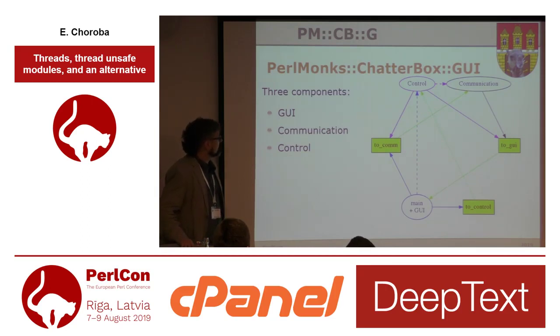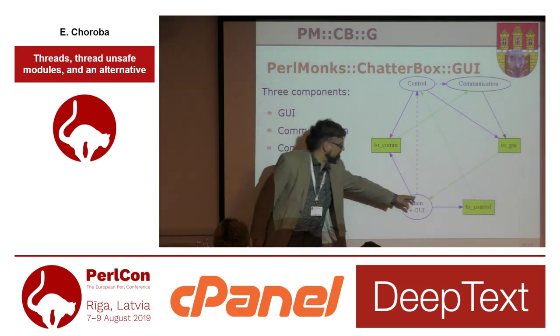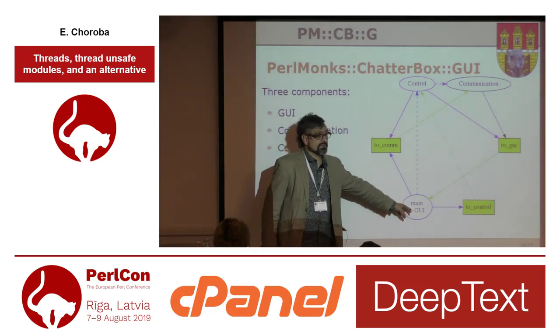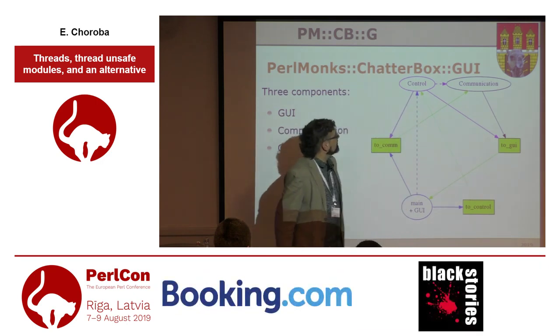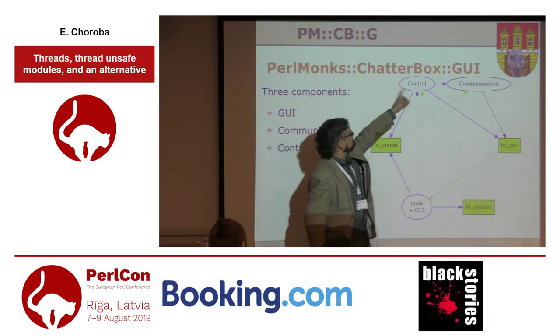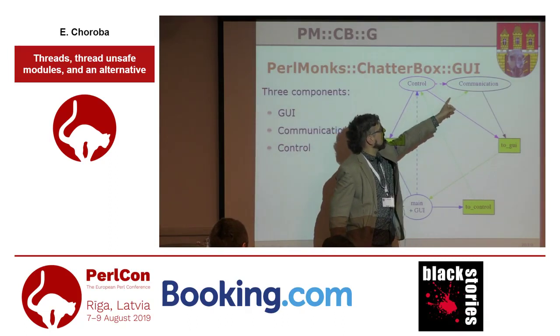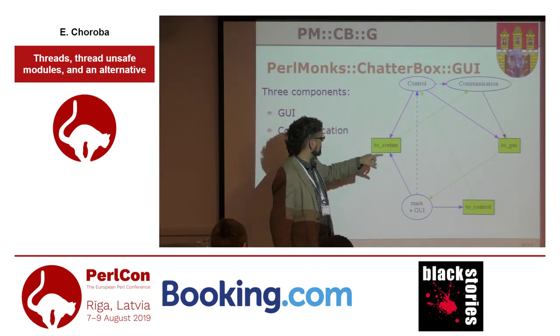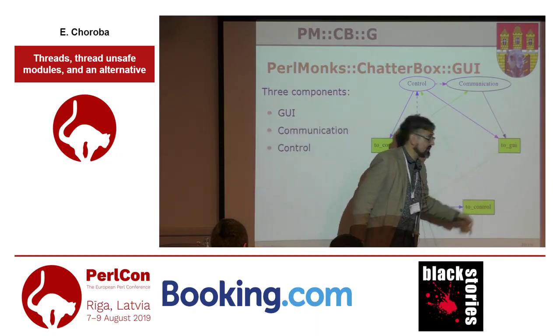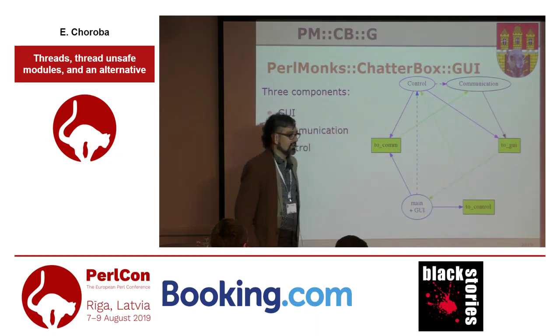Something about how it works. There are three main components. I call them GUI, communication and control. The main program runs the GUI and starts another thread that runs the control, which starts another thread that runs the communication.